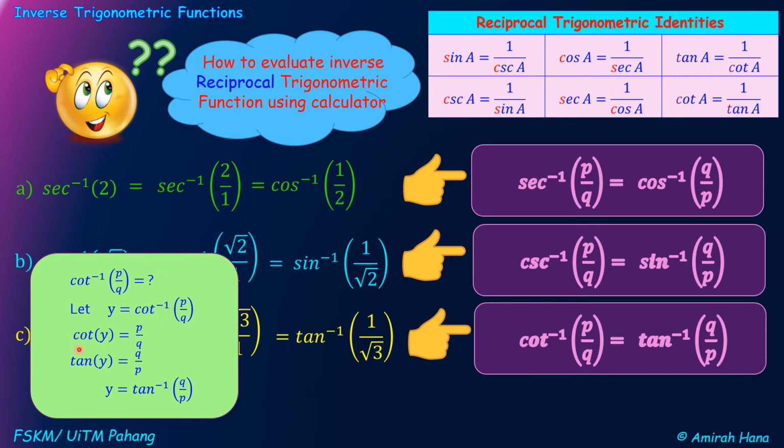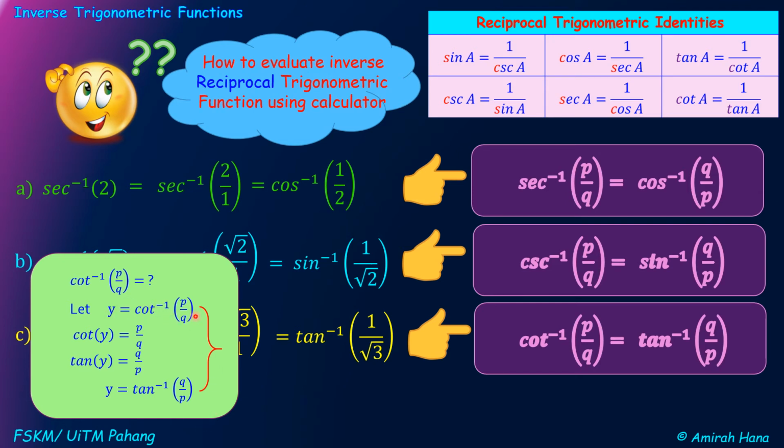So we get ordinary cot y equals P over Q. Then we can write tangent, since tangent and cot are reciprocal functions. So tangent y equals, we just exchange numerator and denominator, Q over P. And after that, we write y as the subject and move tangent to the right hand side. So we get inverse tangent Q over P.